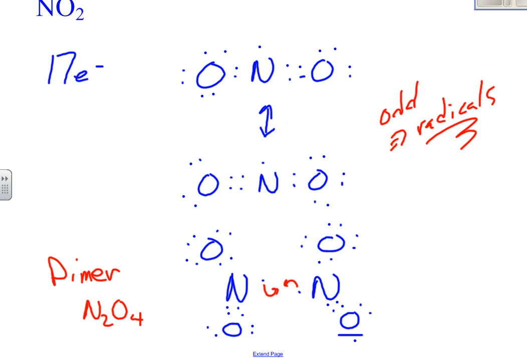Good. Okay, so one more. SCN. Give this one a try and see what you come up with. In something like SCN, the way the elements are listed is the way you want to put them together. So you want to have an S and a C and an N, like that.